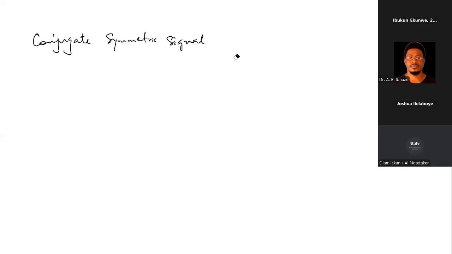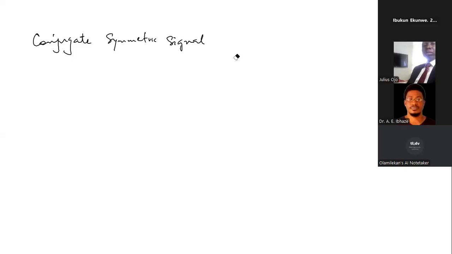Okay, we'll come to that, because we're also going to talk about the anti-symmetric signal. For the anti-symmetric signal, we are going to have a negative of the conjugate symmetric signal.